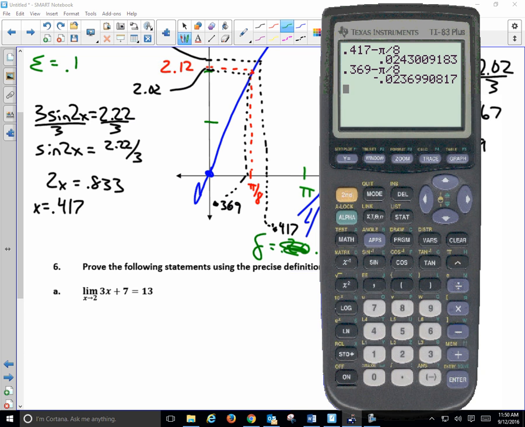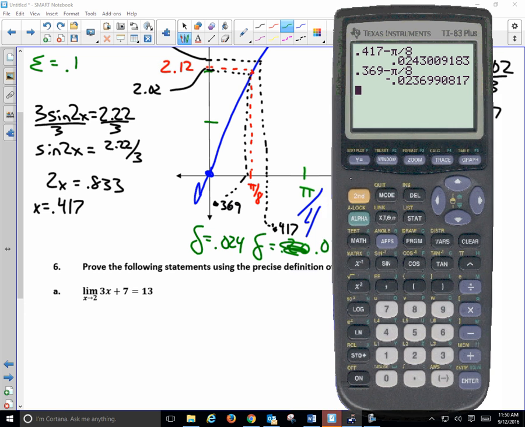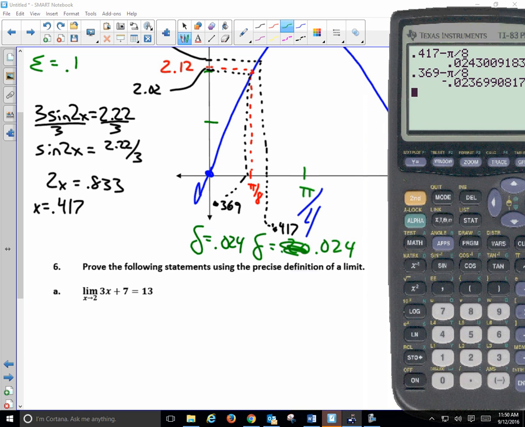But because it's an absolute value, it's a distance, we're making it positive. And again, you get delta is equal to 0.024. So for all practical purposes, if we're going to round to the nearest, say, 100th or 1,000th, we'll say delta is 0.024. Good? You got it?